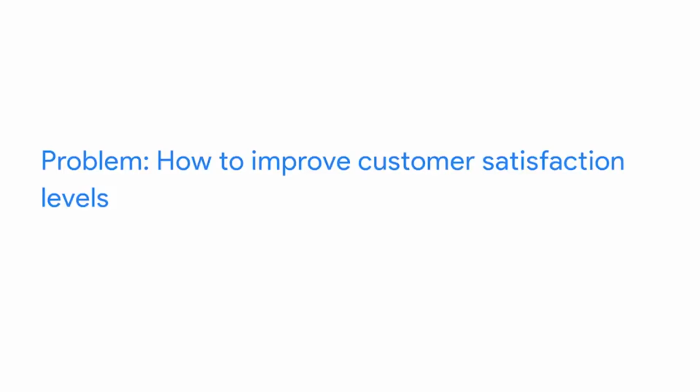Here's an example of a problem that involves categorization. Let's say a business wants to improve its customer satisfaction levels. Data analysts could review recorded calls to the company's customer service department and evaluate the satisfaction levels of each caller.